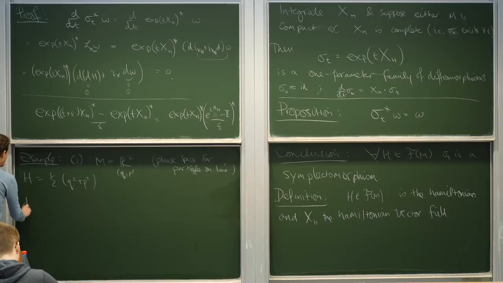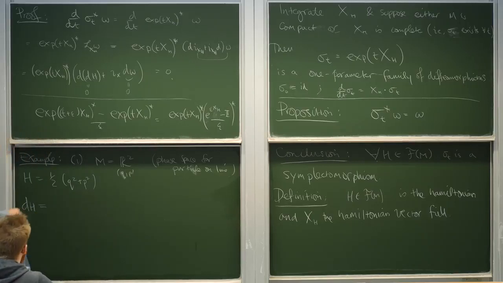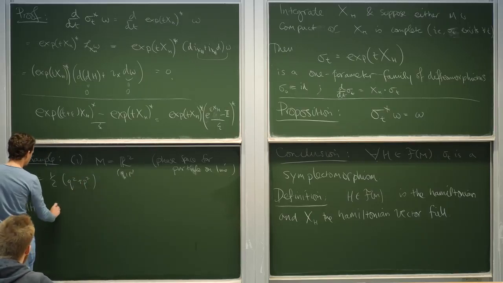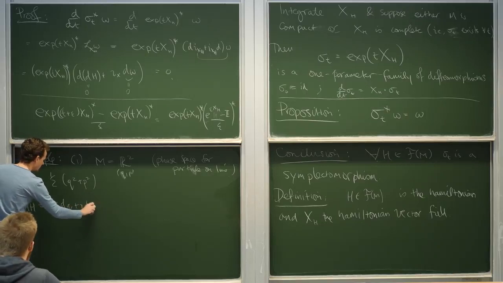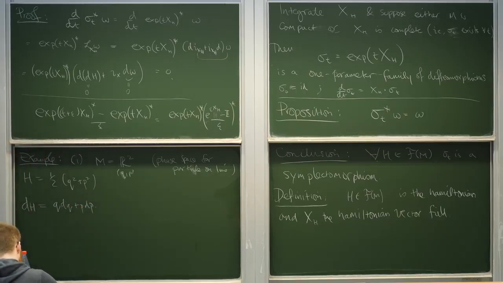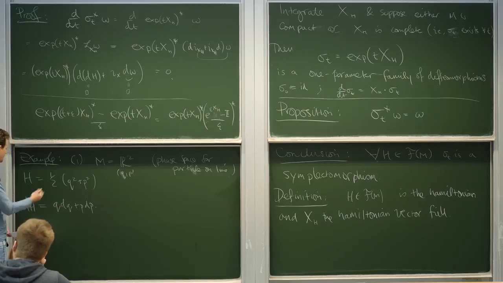And then let's work out dH. That's what we need to work out our vector field here. We need to work out the one form associated with this function. And we get q dq plus p dp. Okay, it's perhaps not something that you're used to working out, but you can do it. And let's work out the vector field corresponding to this one form under the symplectic form.